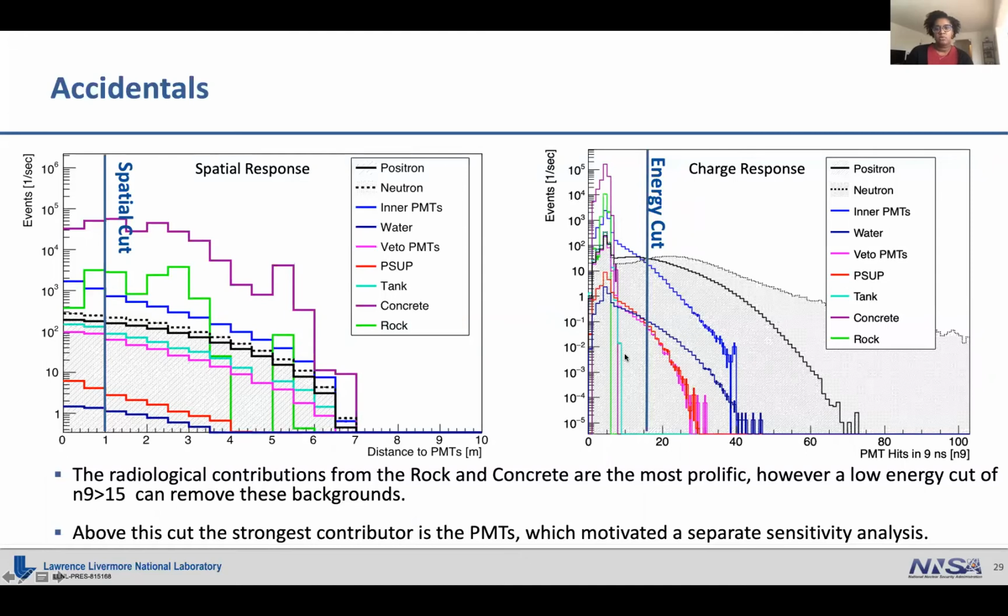And so as a result, we can actually remove a lot of our backgrounds from the concrete, the tank, the rock, etc. And so now our number one background from accidentals tends to come from the PMTs, so the photomultiplier tubes that are actually detecting the signal. And that's just due to the fact that they are made of glass, and glass has a lot of potassium as well as uranium and thorium contributions.